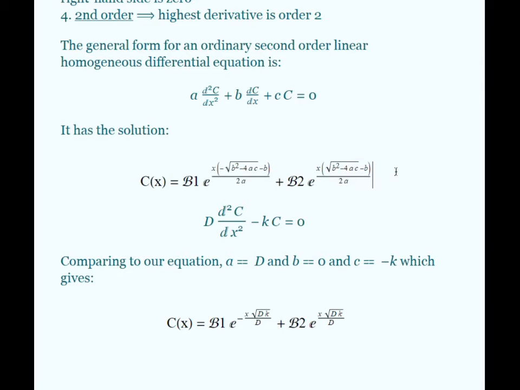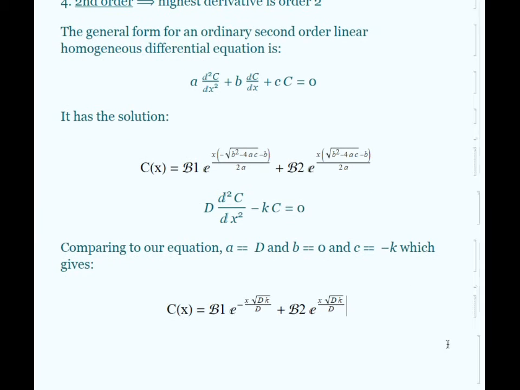I don't need to integrate. All I need to do is plug in the a, b, and c parameters. b, again, we said was 0. So I just plug in the a, which was D, and the c, which was minus k, into this solution here. And this is what I get out for my solution.